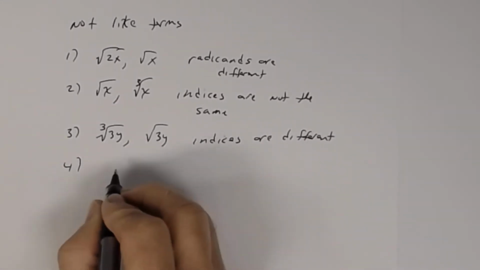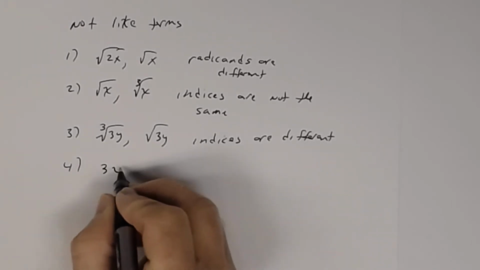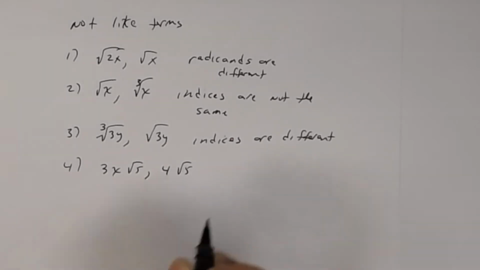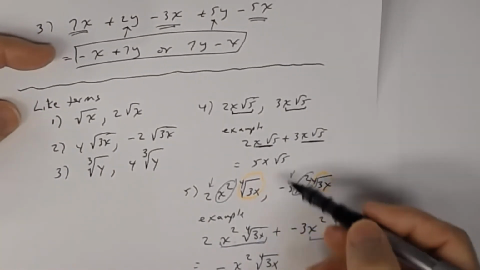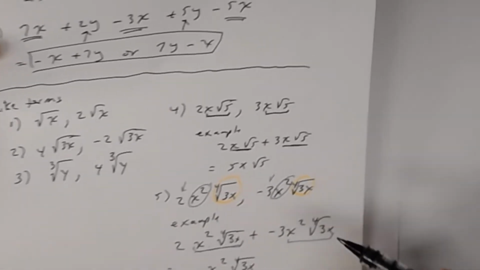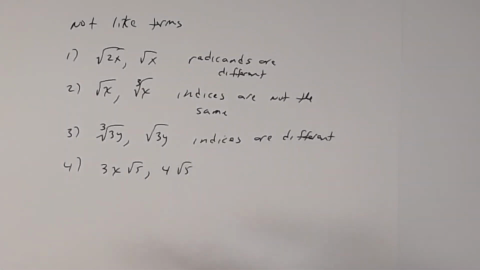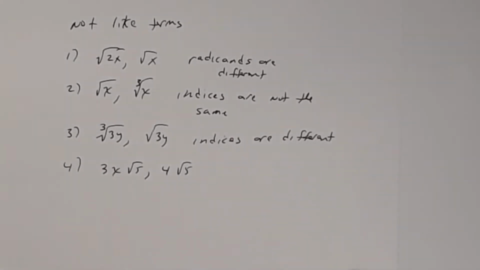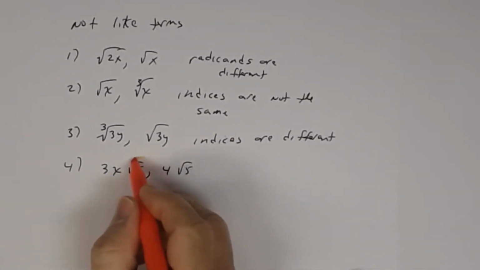Number 4, 3x square root of 5, comma, 4 square root of 5. All right, so remember what we talked about here. Keep that in mind when talking about number 4 here. If you look at the radical part, I'm going to go ahead and circle this part here.